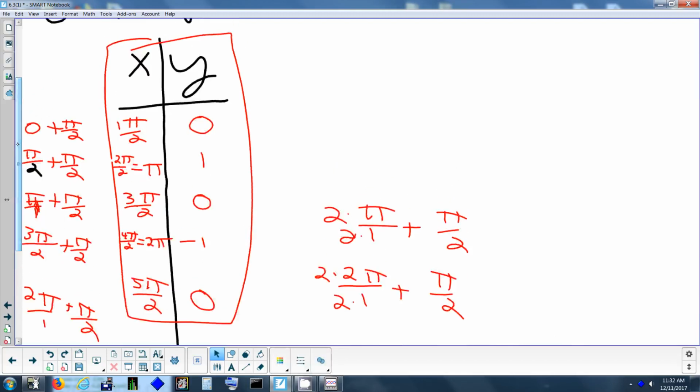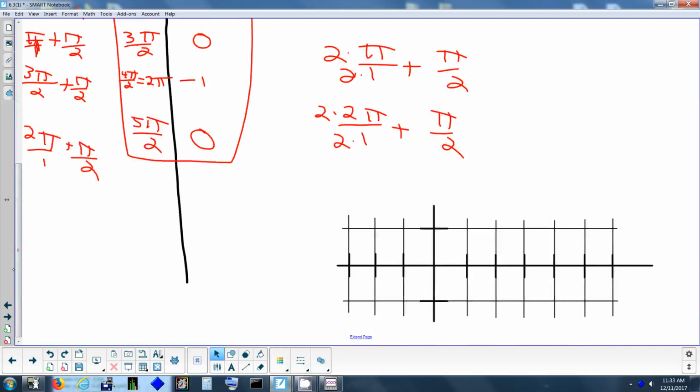Any questions on the table? So 5 points for each x value, 5 points for each y value. The table is worth 10, and then the graph at the end is usually 1 or 2 points, depending on the problem.